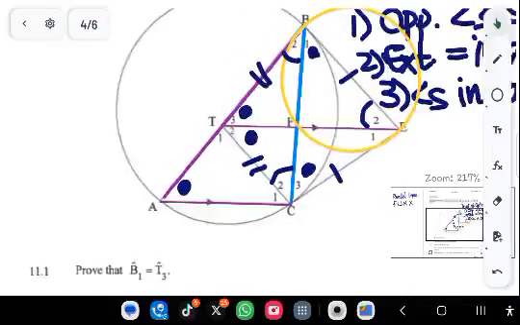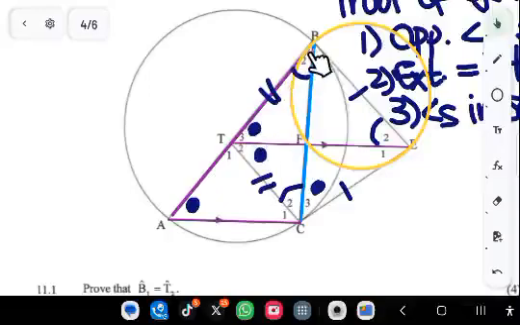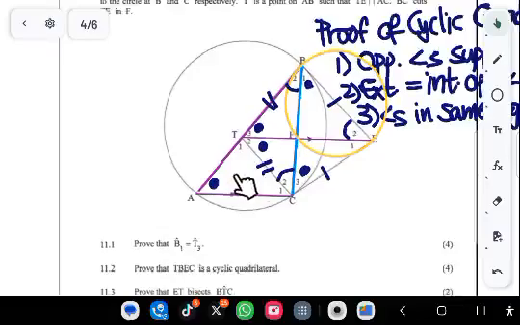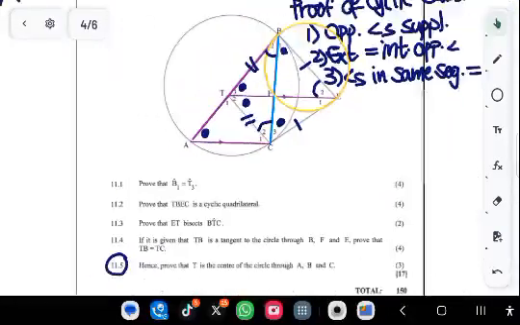So we are required to prove that TB equals TC equals TA. We've already proven that TB equals TC. We need to prove that it also equals TA.